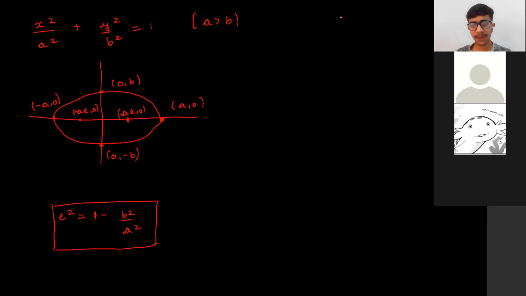Now the other type of ellipse is x square by a square plus y square by b square is equal to 1 and b is greater than a. Oh my god, I've written a wrong condition. So when b is greater than a, the ellipse looks like this. It has its major axis now on the y-axis.